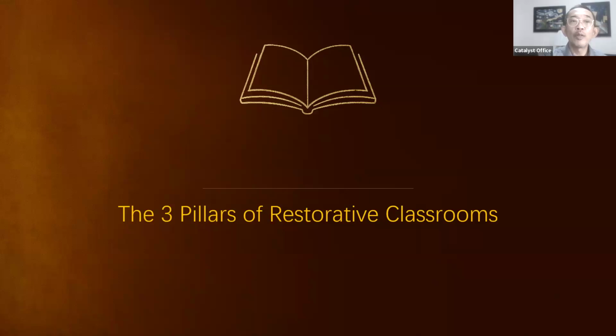Let's talk about the three pillars of restorative classrooms. So now we're looking into whether those punishments and our tendency to resort to them is the proper way to address misbehavior and offenses in the classroom.